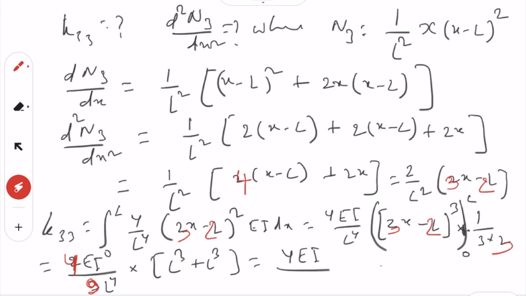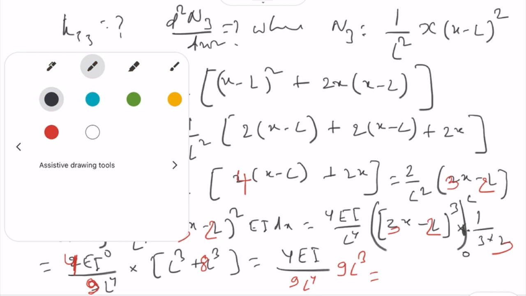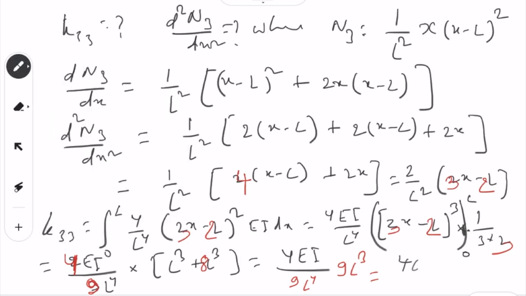So, 2 times 2, 4 times 2, 8, so plus 8L. So, this will be 8L cube. So, what we get is 4, then 9L square, right. So, we will get here 4EI 9L4 multiplied by 9L cube. So, the value what we get here will be 4EI over L.